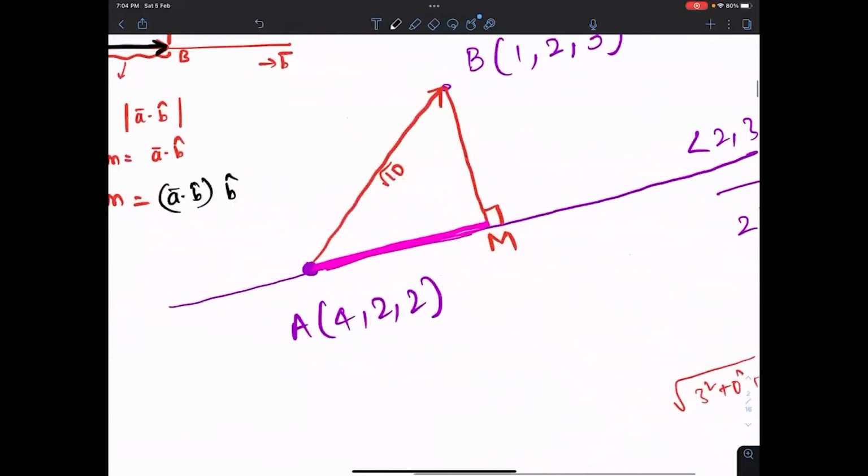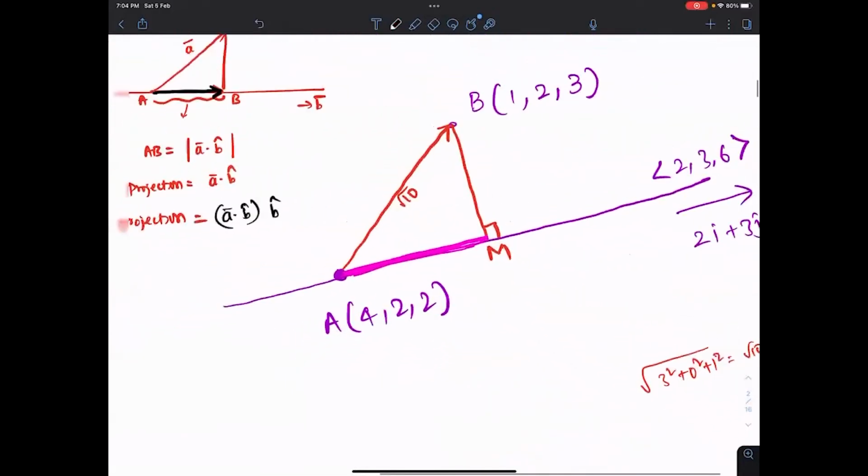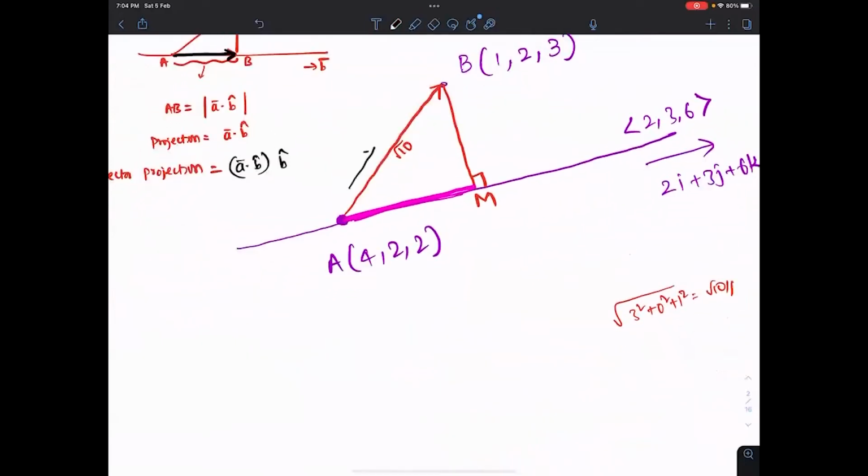So what will be AM? Now I will write this vector: minus 3i cap, 0j cap plus k cap. And we know the direction of the line also. So what is the projection of A bar in the direction of B bar? A bar dot B cap.